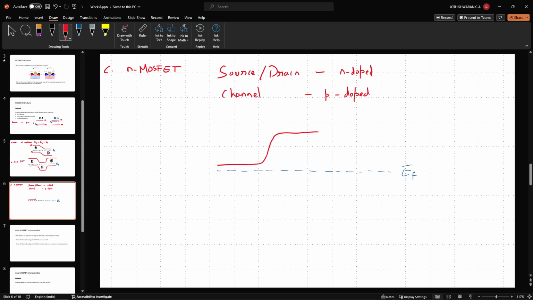So it's going to look something like this. And similarly, the valence band will show a similar variation. And hold on. Yeah, I tried to do the whole thing in one stroke. That always comes with its own problems.